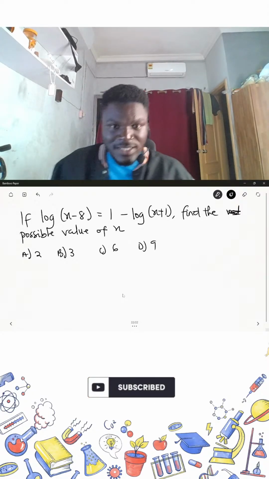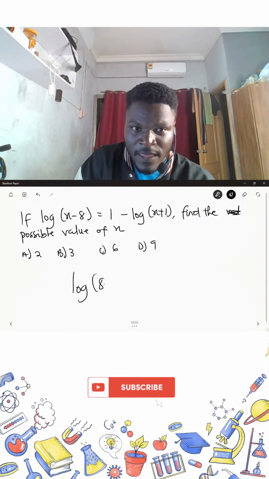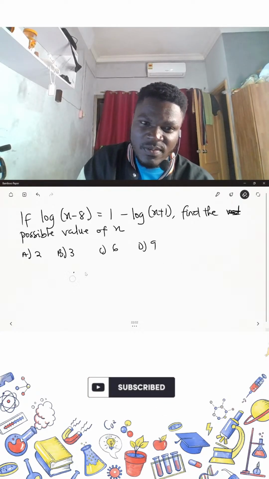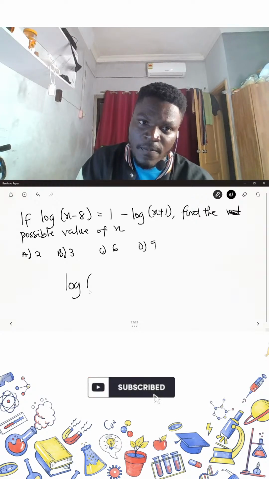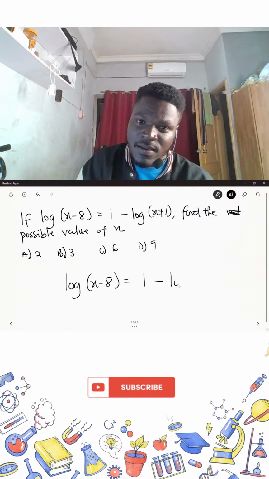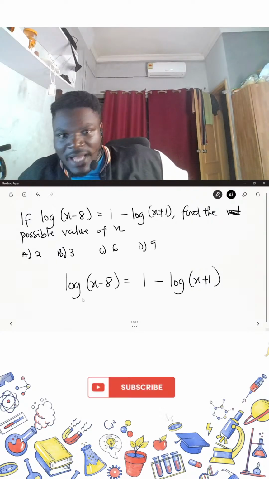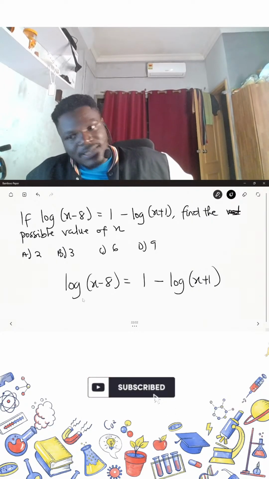Okay. So yes, if you want me to rewrite, let me rewrite it well. Log x minus 8 is equal to 1 minus log x plus 1? This is the question. So we will not use discriminant or anything like that. Just solve as a logarithm. So I'm waiting for Vishal.